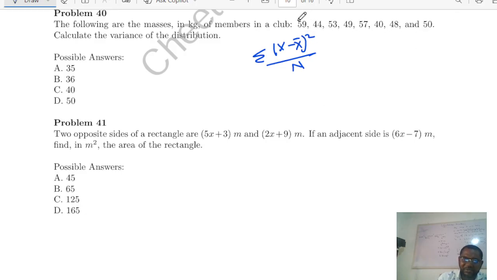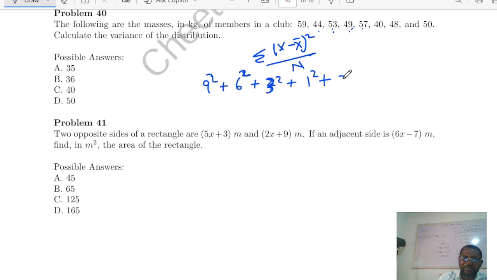For example, 59 minus 50 is 9, so I'm going to have 9 squared plus, this one is going to be 6 squared. Don't worry about the negative number, it will cancel out. This is going to be 7 squared. This is 44 minus 50, 6, 53 minus 50, this is 3, sorry. 49 minus 50 is 1 squared.